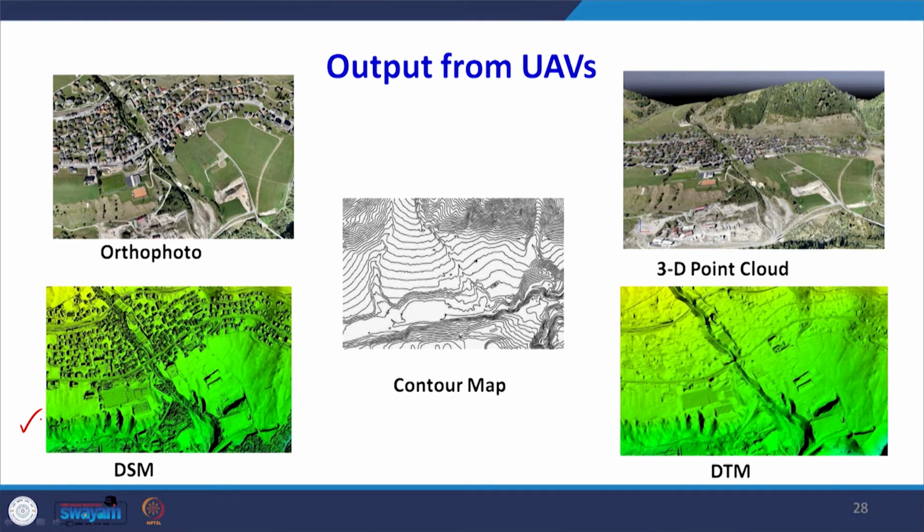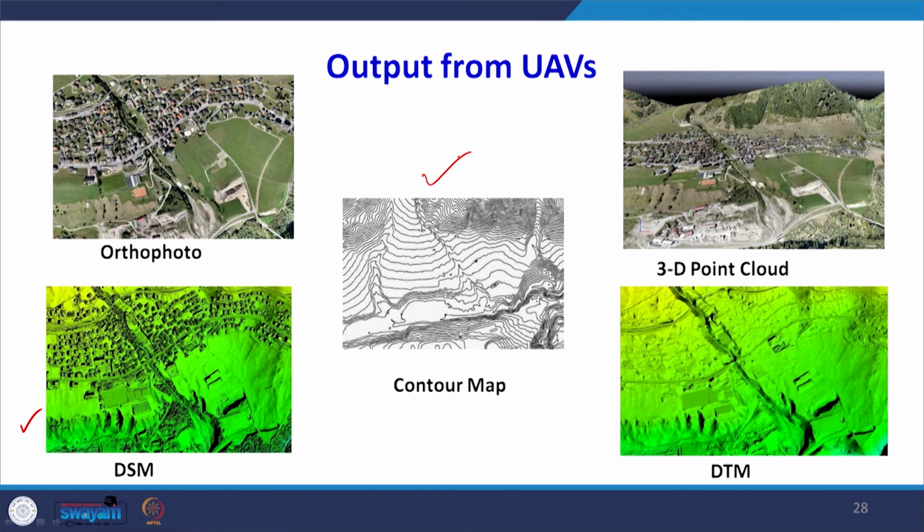So, you can create these orthophotographs from the UAV data, and also you can create digital surface model. In many studies, this digital surface model is important because it gives me the height of the different objects above the ground. So, normally earlier we were dealing with the contour map.